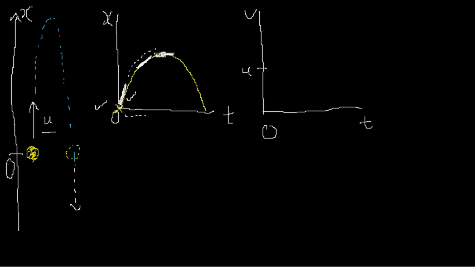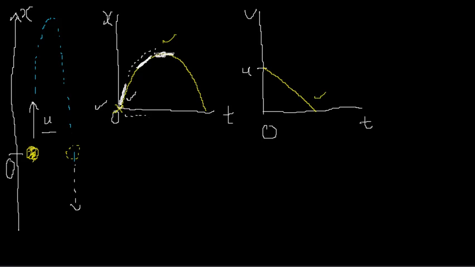Okay, try to sketch this. So it decreases, at some point it reaches 0, and this point is the same as this point in time, when the ball reaches the top, so the velocity reaches 0.